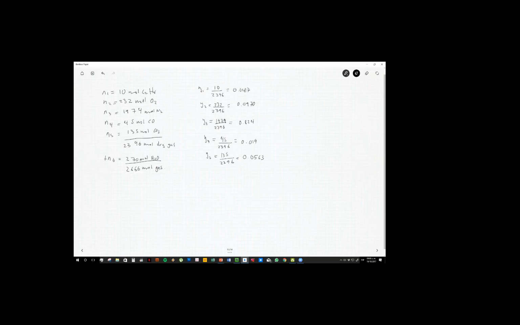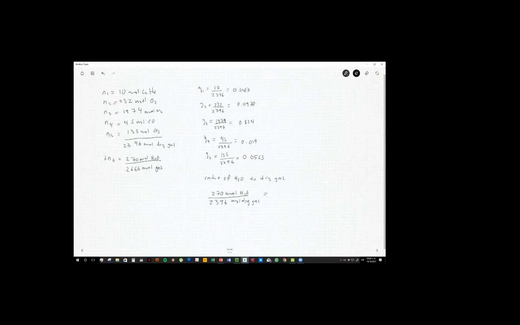Okay, and the last part is the ratio of water to dry stack gas, right? Ratio of water to dry gas. So the amount of water, 270 moles of water, to the dry gas, right? So 2,396 moles of dry gas.